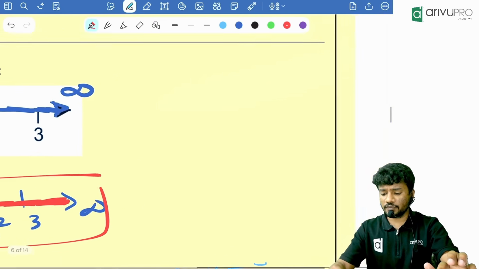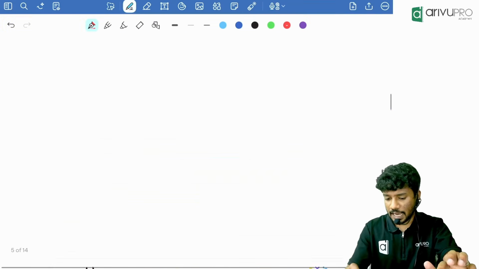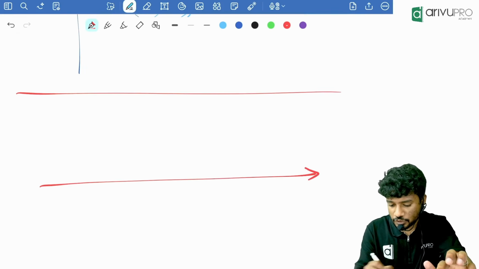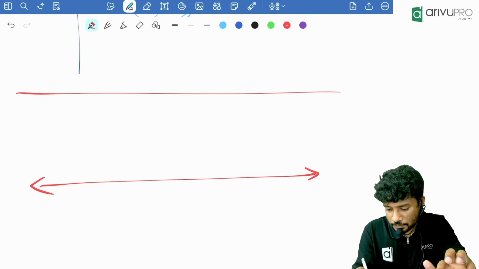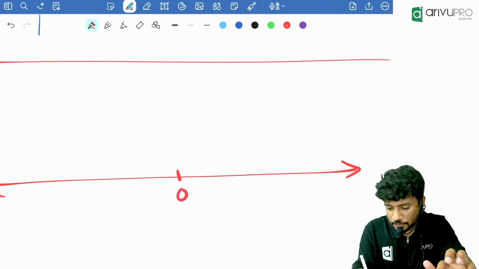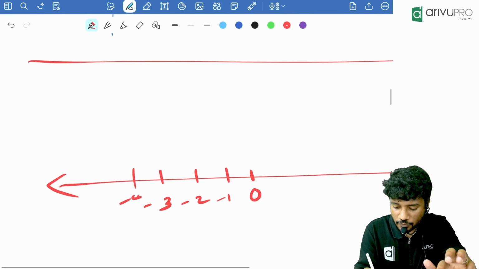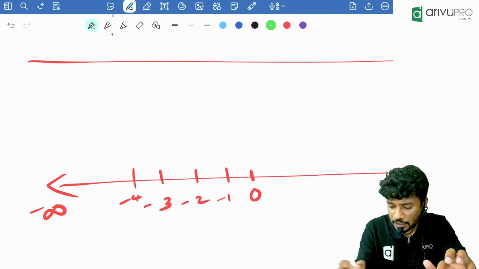Now, what if the graph is like this? I will just add on; you should tell me the answer. 0 is there, then minus 1, minus 2, minus 3, minus 4, and so on up to minus infinity.